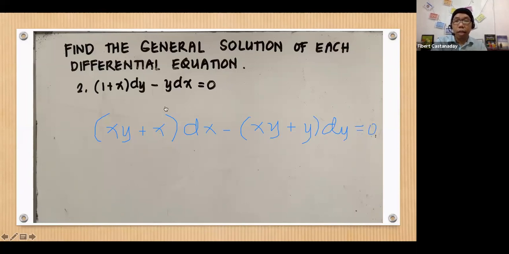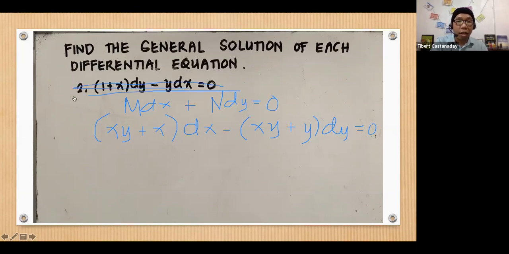This is in the form M dx + N dy = 0 again. So let's leave this one first.